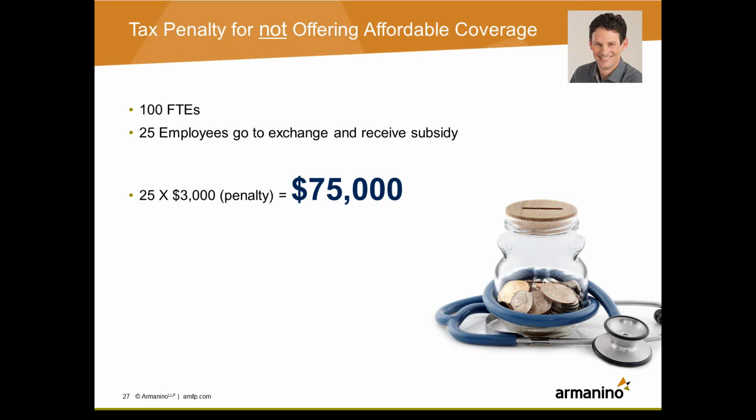So this penalty is $3,000 per employee, or in this case, $75,000, which once again, it's a monthly penalty. That's going to be $6,250. And like I said before, it's not tax deductible, which may or may not impact a lot of you. And it does go up with inflation as well.